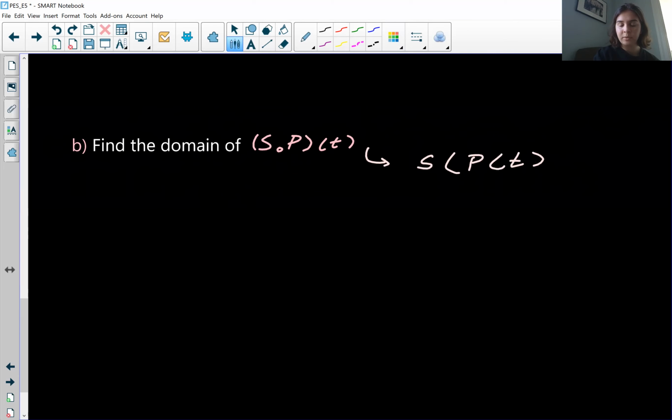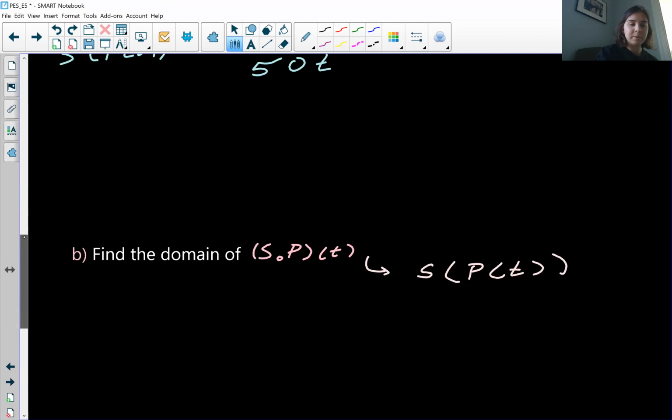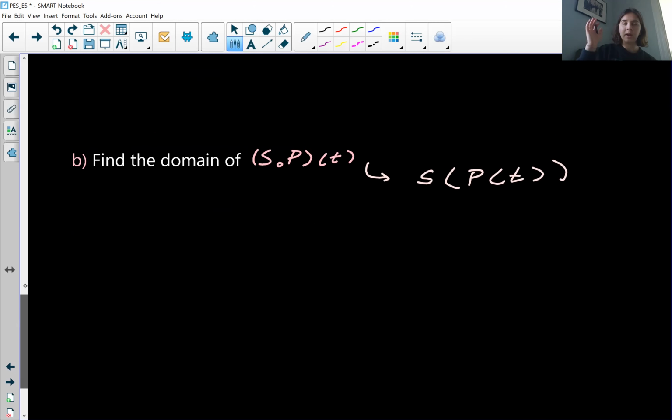So let's talk about domain. We know about domain as just the valid inputs, the numbers that you can put into a function and you can actually get something out of it. And typically that gets a little bit messed up when you have fractions because the bottom of a fraction cannot equal 0. So that is why I chose this example.